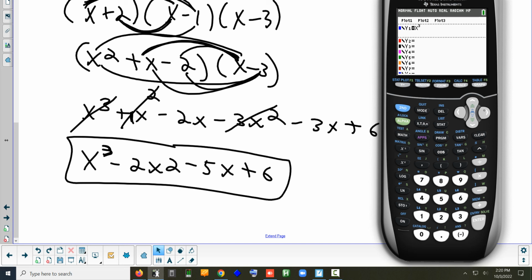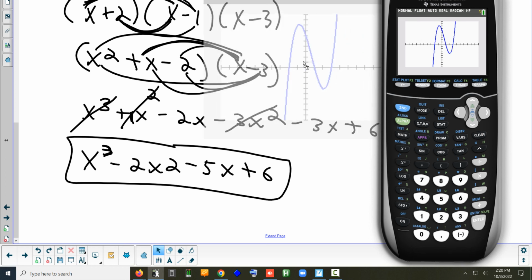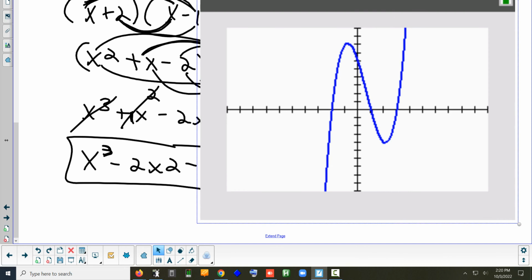So x cubed minus 2x squared minus 5x plus 6. So remember, we're looking for negative 2, positive 1, positive 3. Okay, what do you think? How'd we do? Perfect. Negative 2, positive 1, positive 3.